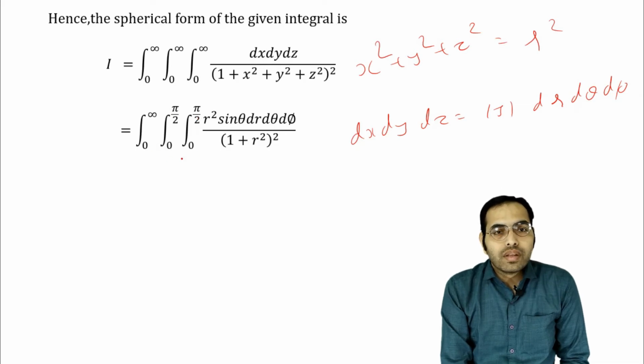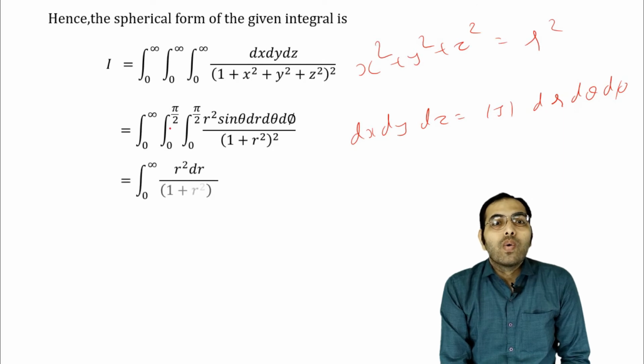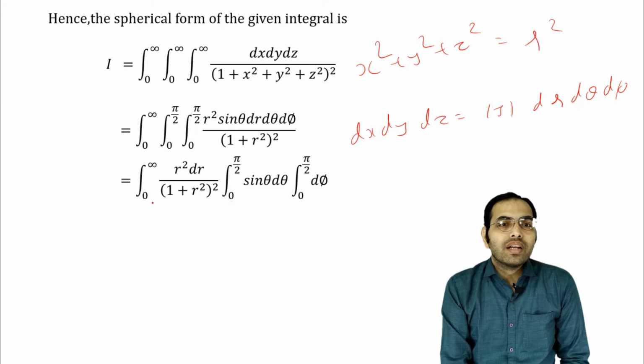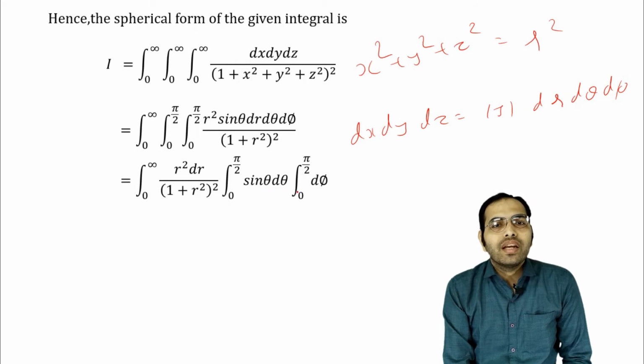Here all the limits are constants, so we first separate them: integral 0 to infinity of r square upon (1 plus r square) whole square dr, times integral 0 to pi by 2 of sin theta d theta, times integral 0 to pi by 2 of d phi.